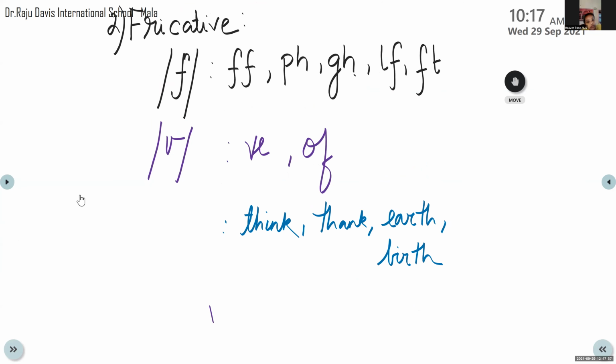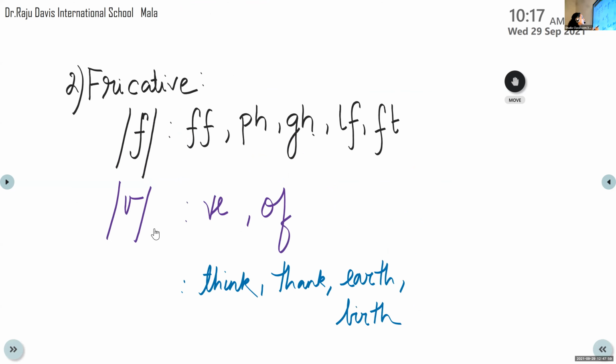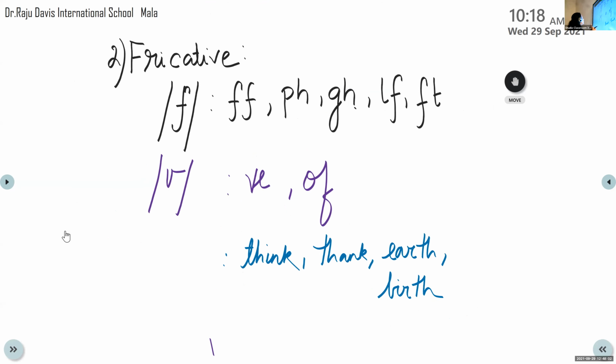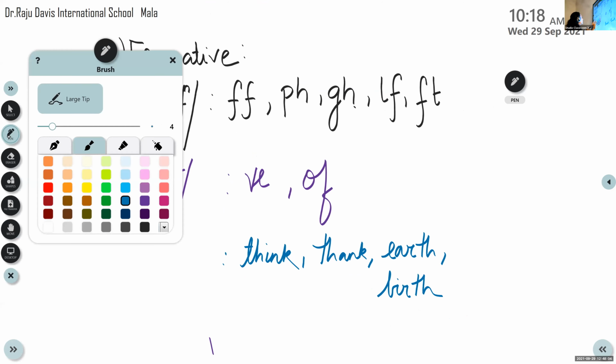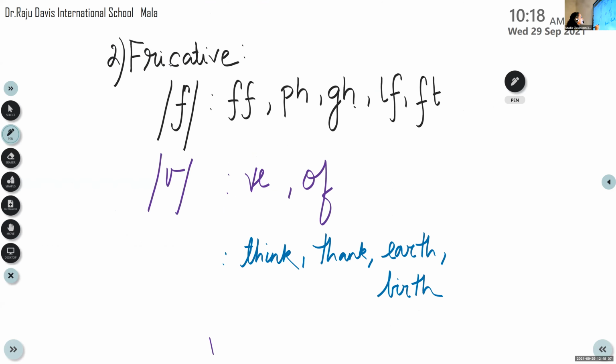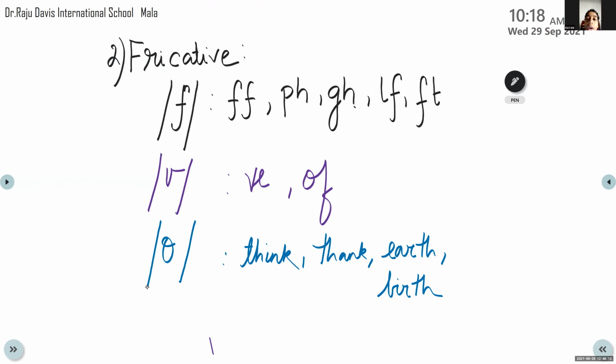The symbol is like the cursive O. Whenever you see this symbol, the th sound should come to your mind, like in thank, earth.